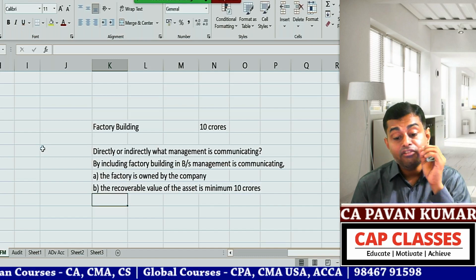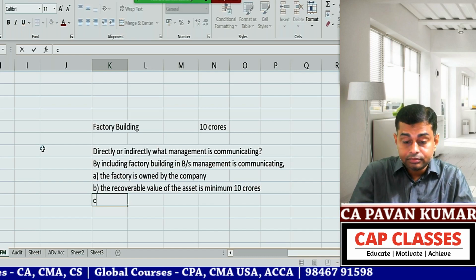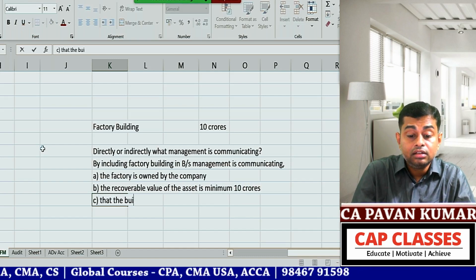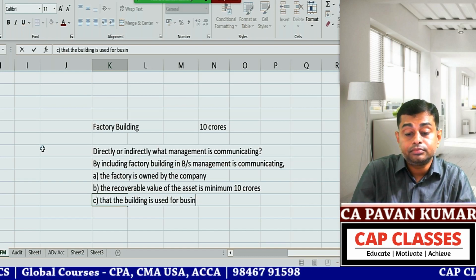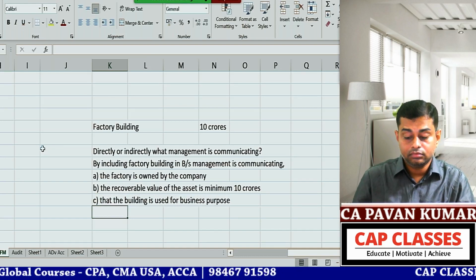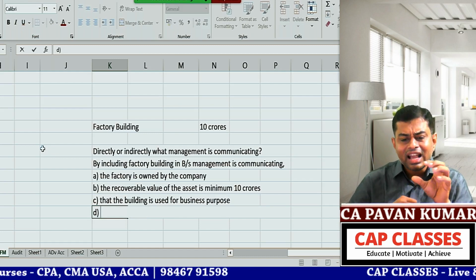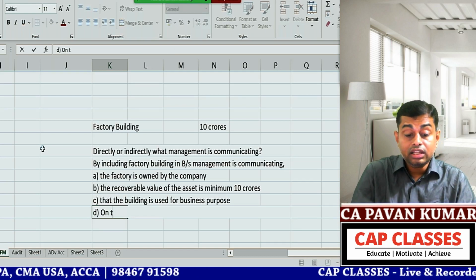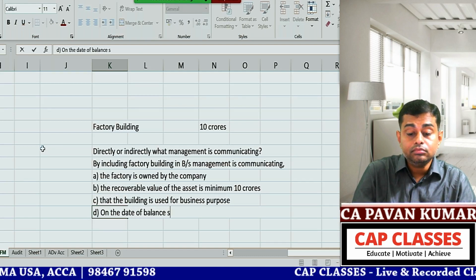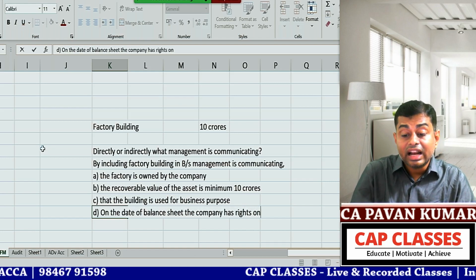C, the building is used for business purpose. D, on the date of the balance sheet, the company has rights on the asset.